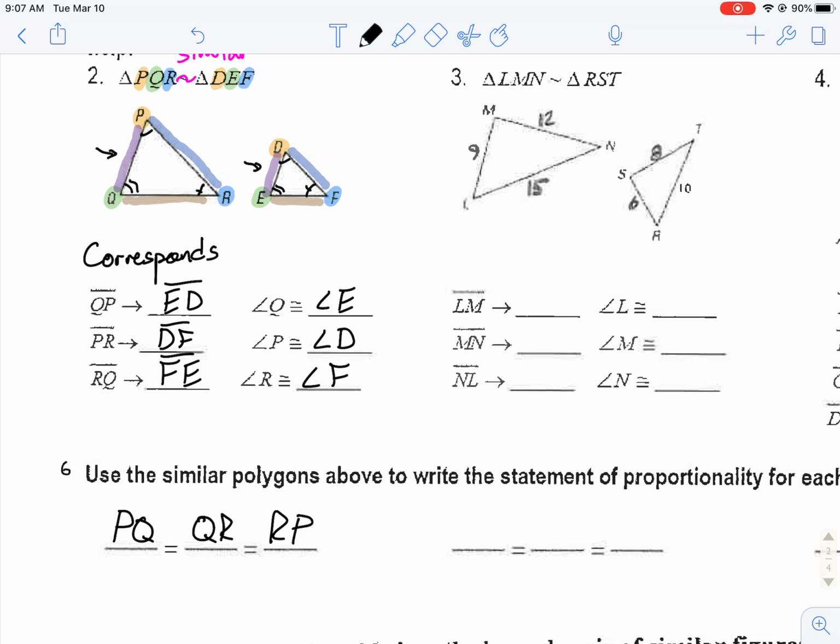So let's use our similarity statement, or we could use our picture above and figure out what are the corresponding sides to create my proportionalities. So PQ matches up with DE. QR matches up with EF. And RP matches up with FD.